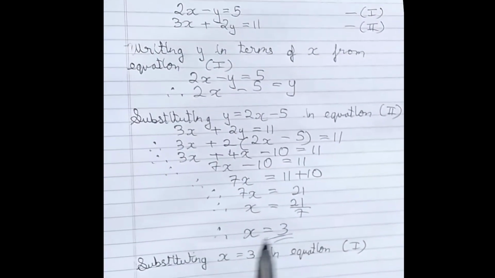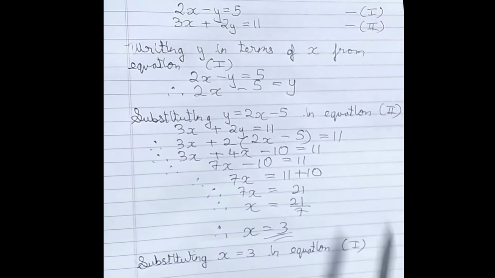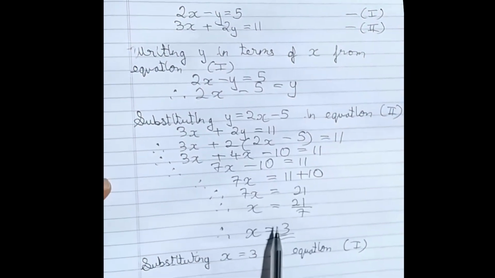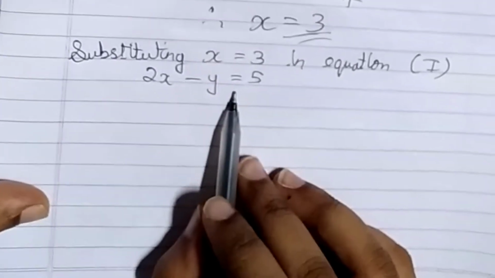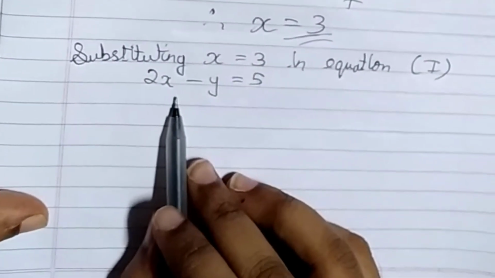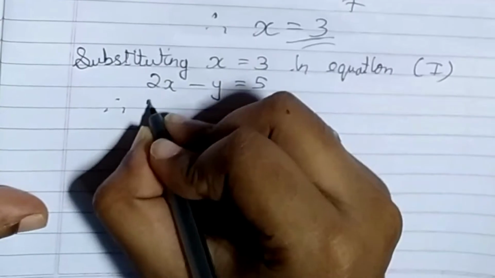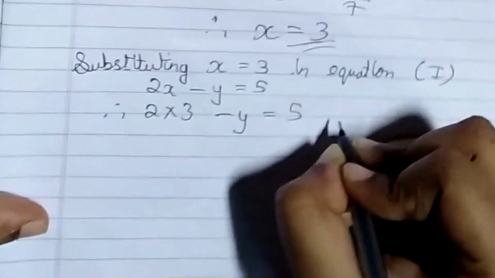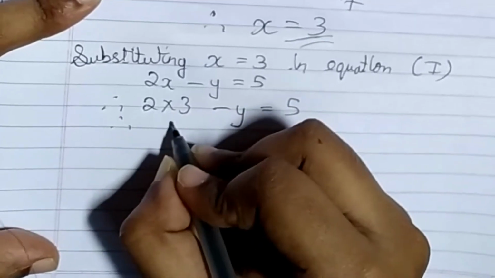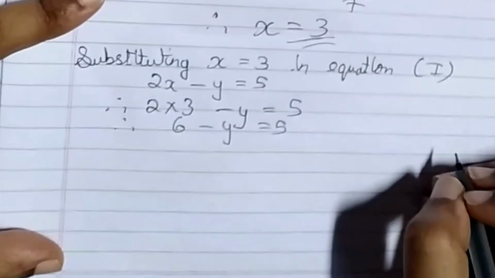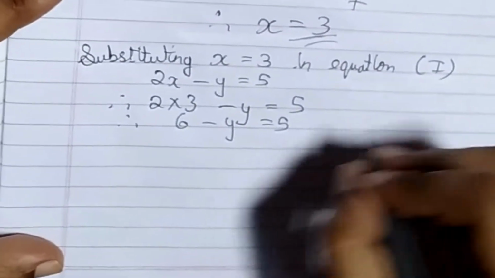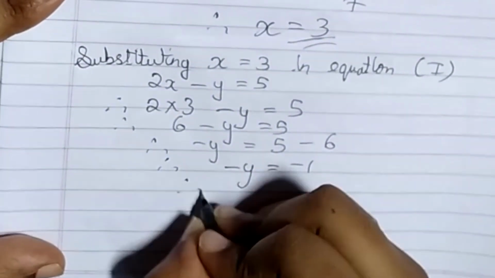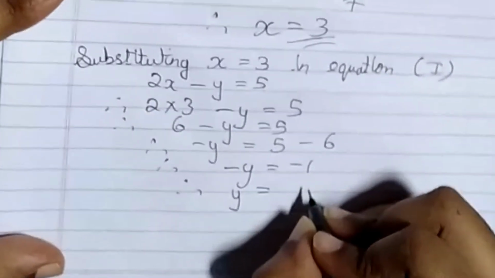Substituting this value x equal to 3 in equation 1. This is equation 1. We will substitute the value of x in this equation. Minus y equal to minus. Therefore, y equal to 1.